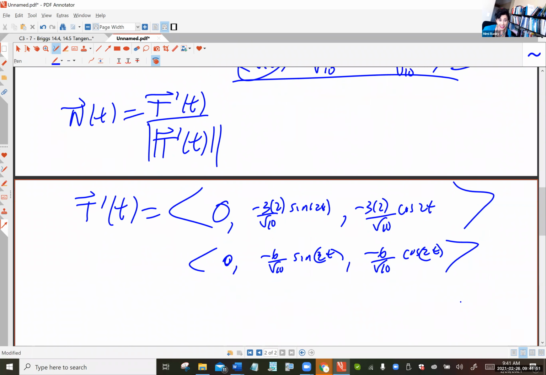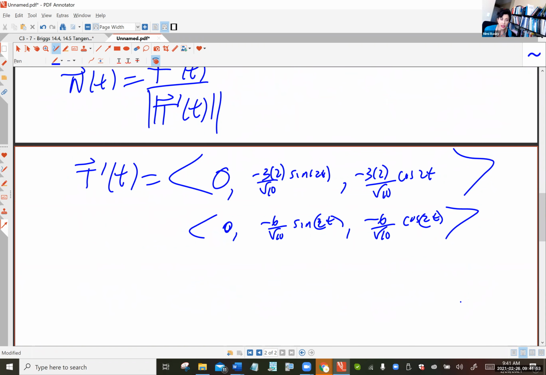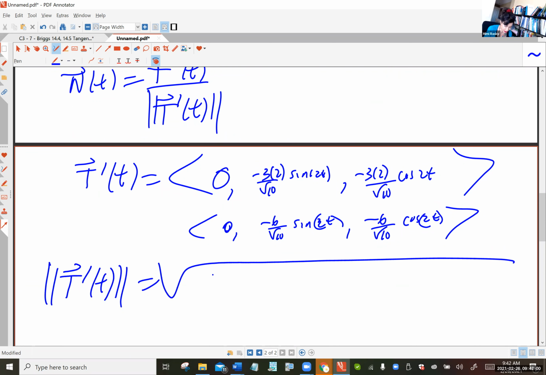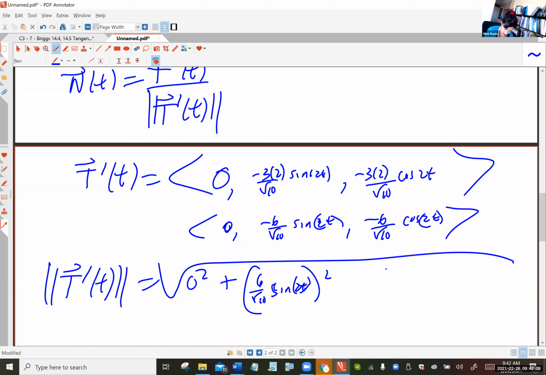But to get big N, you need to unitize big T prime. So now let's go get the magnitude of big T prime. Yeah, it's going to be pretty gross. Well, 0 squared plus 6 over square root of 10 sine 2t squared plus 6 over square root of 10 cos 2t squared. I'm doing this really fast here.